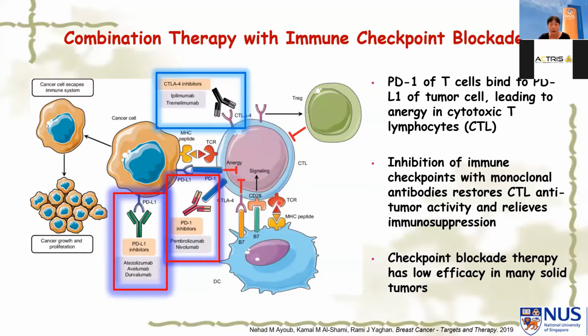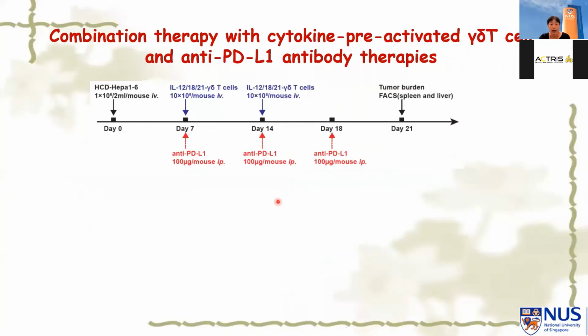Okay, so even the one that's actually better, you still have lower than 40% response rate. So now the field is looking at combination therapy to try to improve checkpoint blockade therapy and the outcome of the overall cancer immunotherapy.